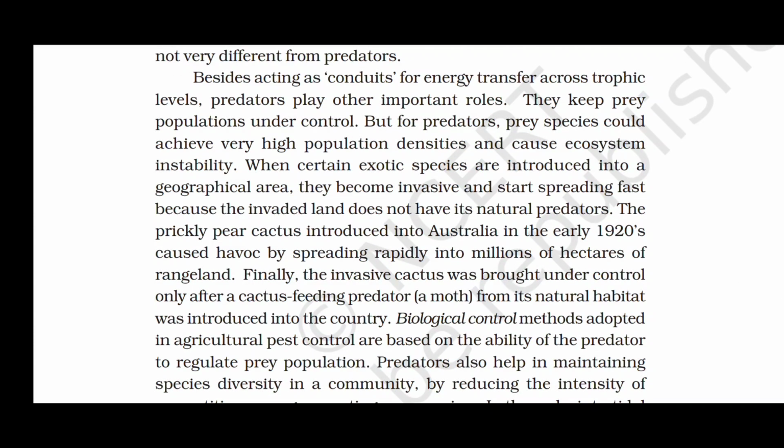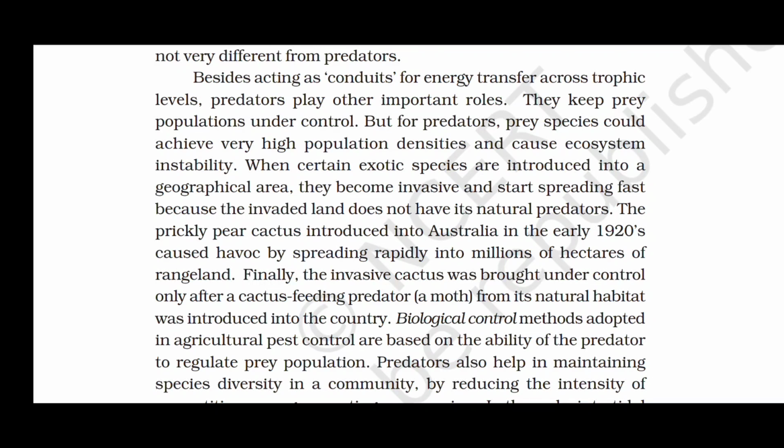But for predators, prey species could achieve very high population densities and cause ecosystem instability. When certain exotic species are introduced into a geographical area, they become invasive and start spreading fast because the invaded land does not have its natural predators.